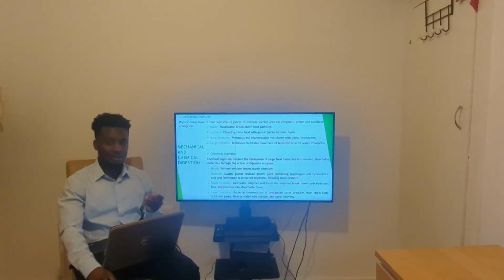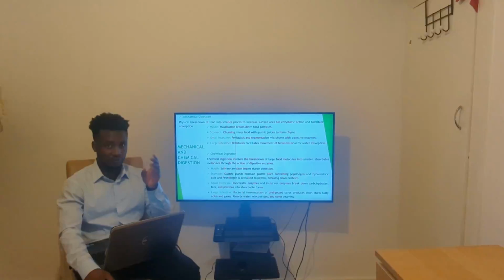So there's the mouth, where food is chewed into particles. Then the stomach churns and mixes. The stomach is where the food and the gastric juice mix to form chyme. Then in the small intestine, peristalsis and segmentation mix the chyme with digestive enzymes. In the large intestine, peristalsis eases the movement of fecal material for water absorption.